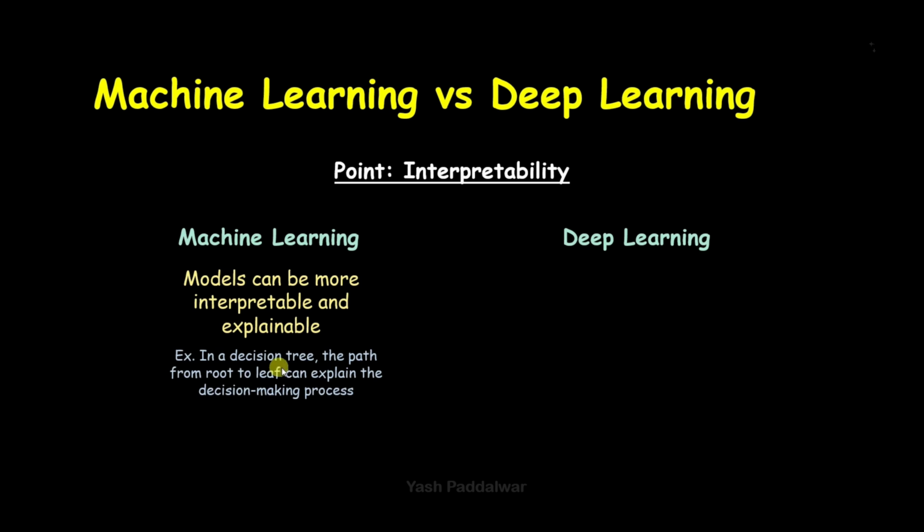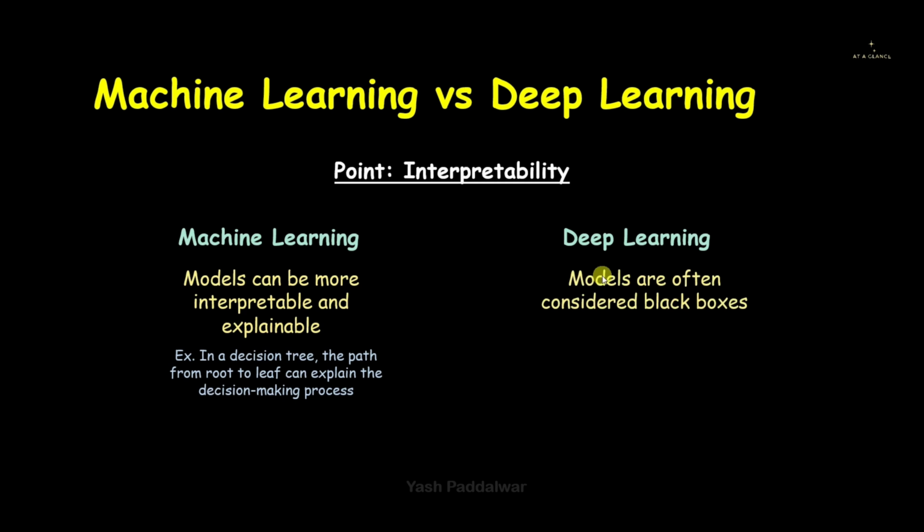In a decision tree, the entire path from root to leaf can easily explain the decision-making process. That means we can easily understand and debug on what basis we got the output for this particular data. We can go through the process and analyze which conditions are met, which shows that machine learning models are more explainable. That means we can debug the process.